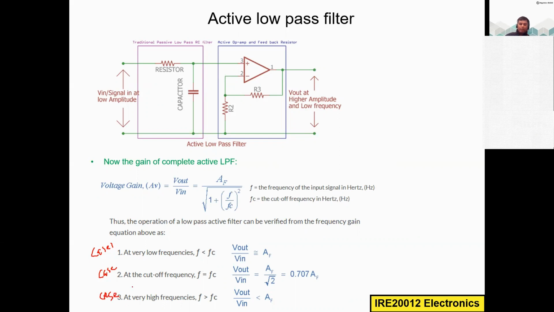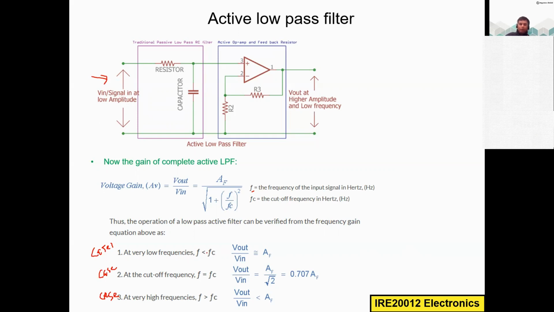How can we differentiate these cases? In the first case, f is less than fc. f is the frequency of the input signal, which you are applying here as Vin, and fc is the cutoff frequency.